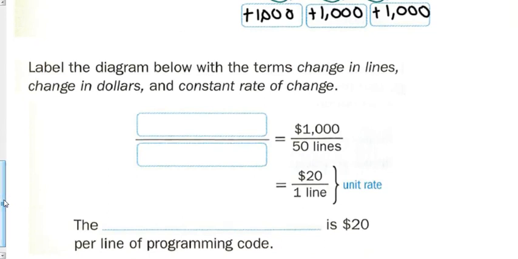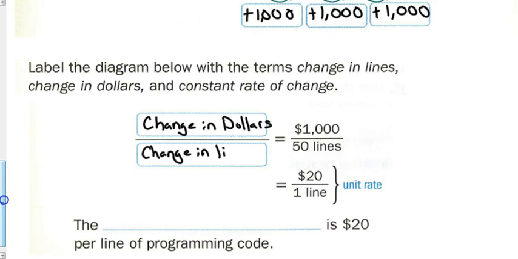We've got a ratio set up, $1,000 to 50 lines. Well, the $1,000 is our change in dollars. And our 50 lines represents the change in the number of lines, just like we determined in our chart above. So that reduces down to $20 per one line, and that's your unit rate.